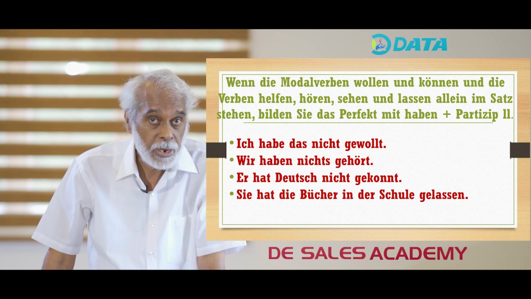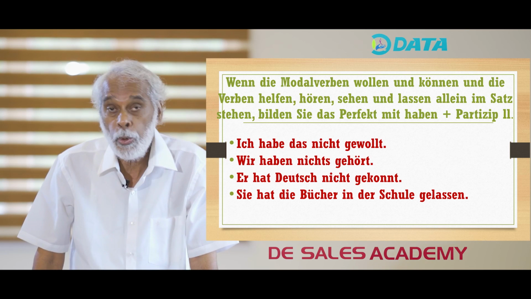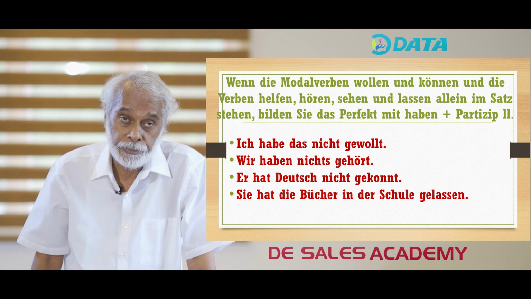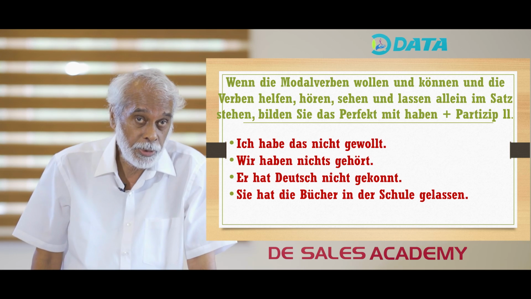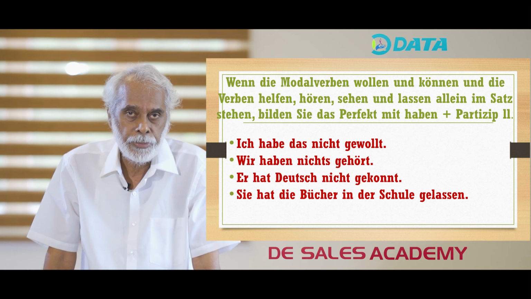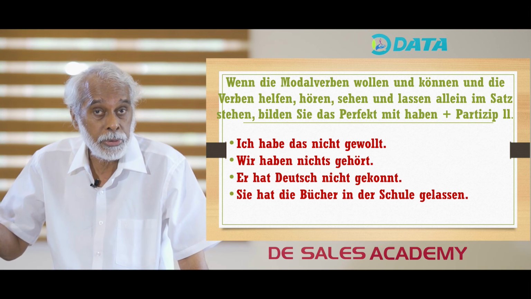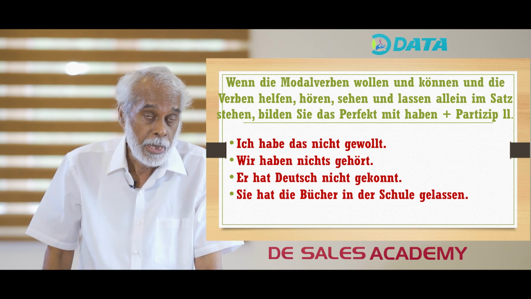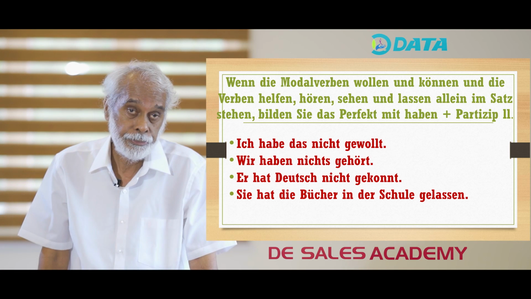Beispielsätze: Ich habe das nicht gewollt. I didn't want it. Ich wollte das nicht. Ich habe das nicht gewollt. Wir haben nicht gehört. Hat Deutsch nicht gekonnt.